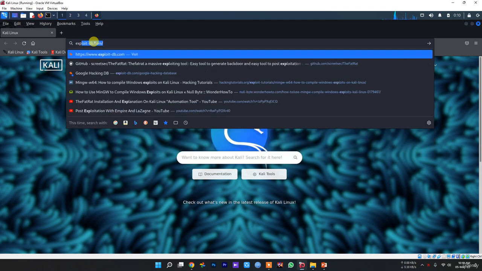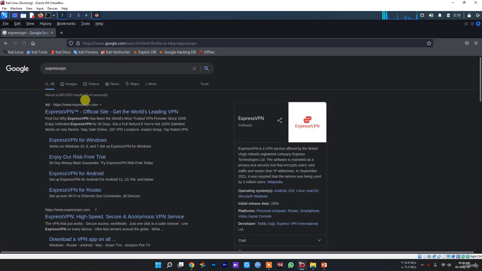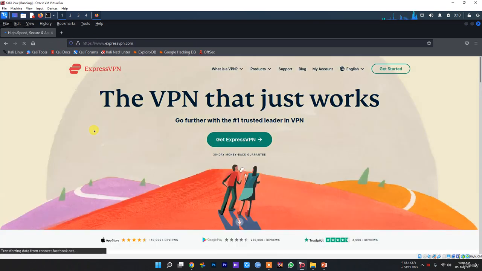So this is the best anonymous VPN, highly private and packed with features, with a zero logs policy, stealth servers, and a 30-day money back guarantee.